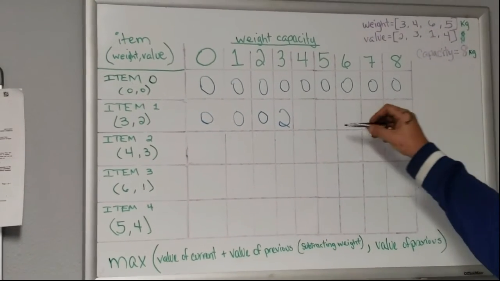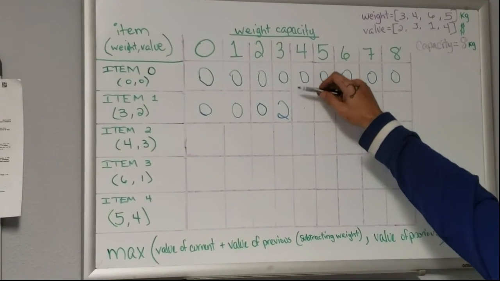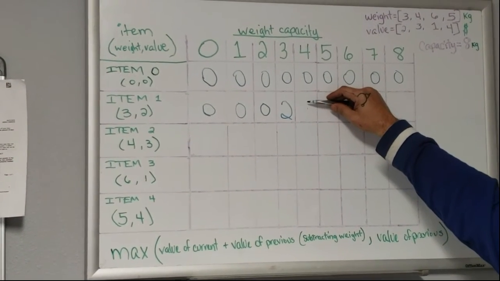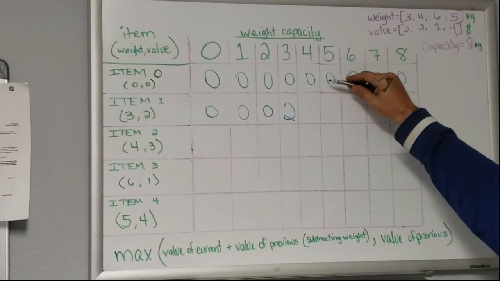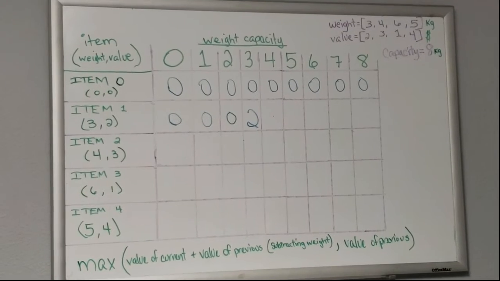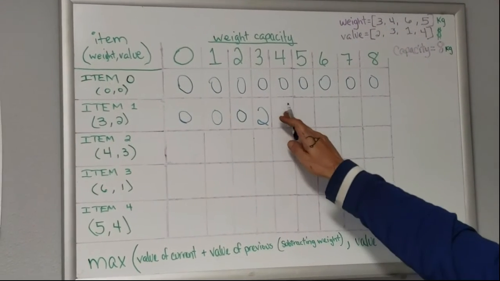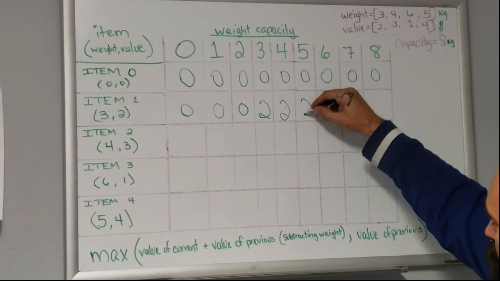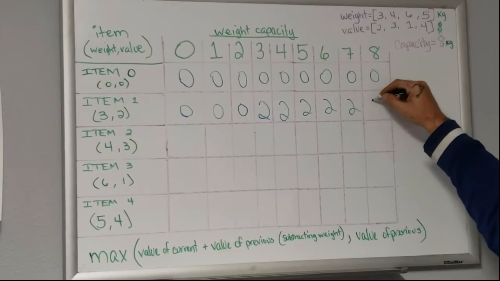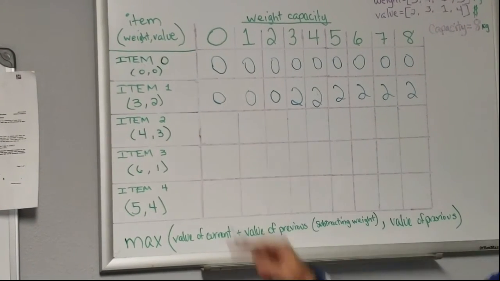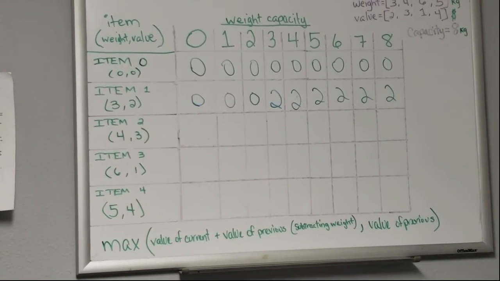The next cell for item 1, we're not including any other items in our knapsack. We are only taking item 1. So our value will remain $2 throughout the rest of this row. So a value of $2 is given when we fill our knapsack with item 1.